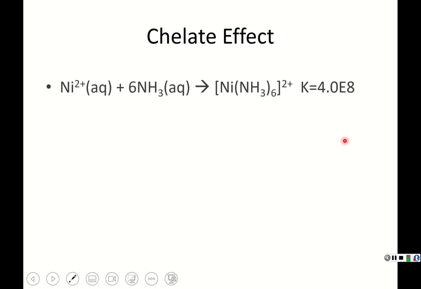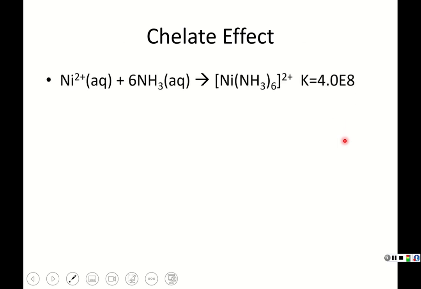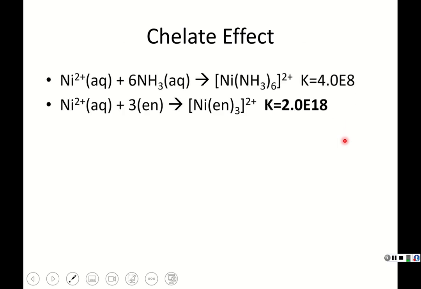Okay, so the chelate effect, if we look at two reactions, nickel 2+ plus 6 NH3s, where we're coordinating it in an octahedral complex with NH3, or if we use 3 ethylene diamines, ENs, we're going to get an octahedral complex where the nickel has 6 connections to nitrogens.